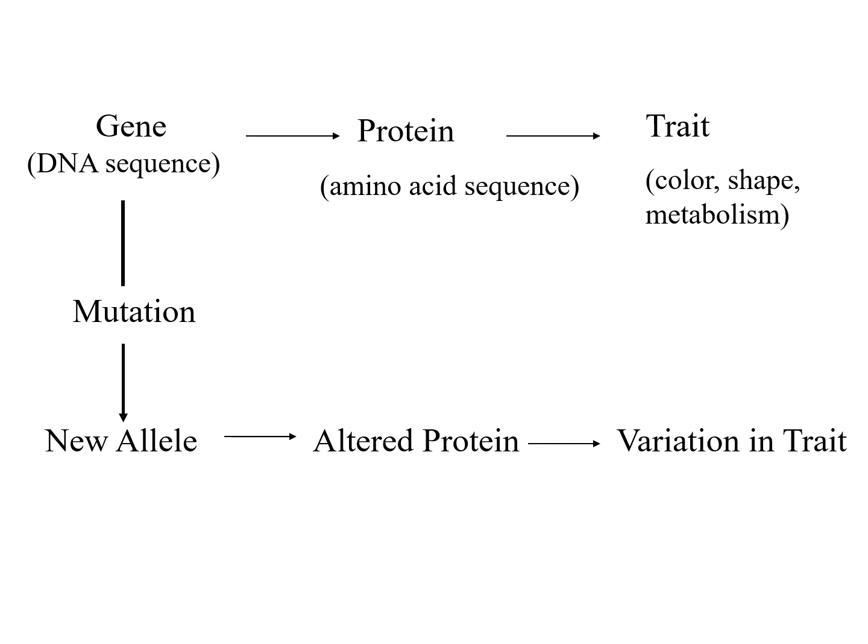New alleles arise occasionally as existing genes experience changes. So we'll have a new nucleotide sequence that produces a slightly different protein that can result in a variation in the trait.